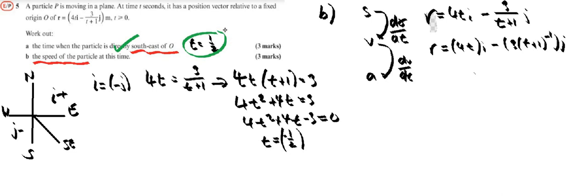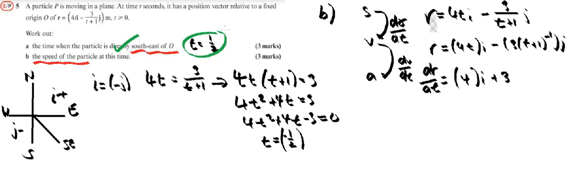Okay, so then that means that if we do dr by dt, this becomes 4. So I've got 4i. And now if I differentiate this, I've got minus 1 times minus 3.